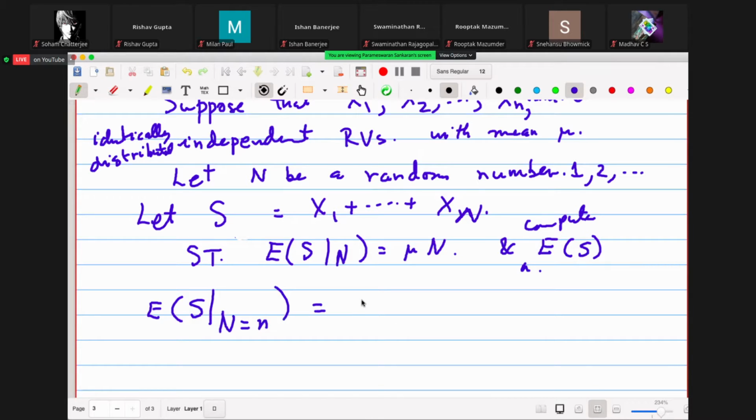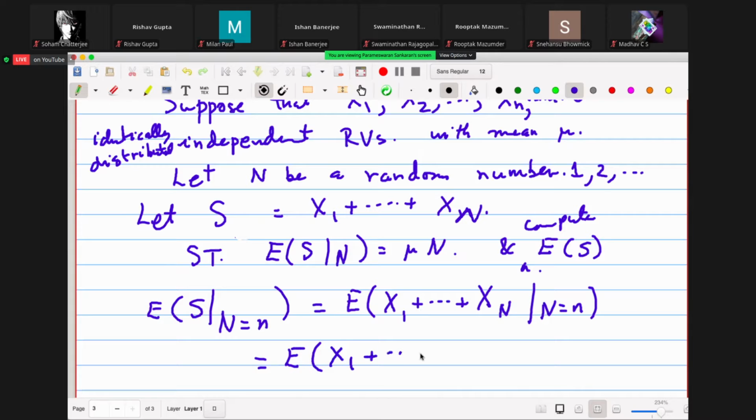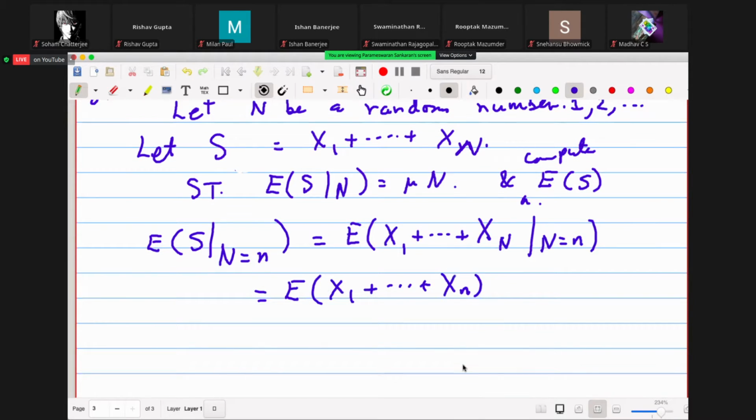Now the number n is specified. So this is exactly the expectation of X1 plus and so on plus X little n, because capital N is equal to n, just plug in here.